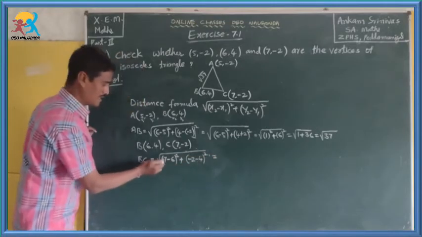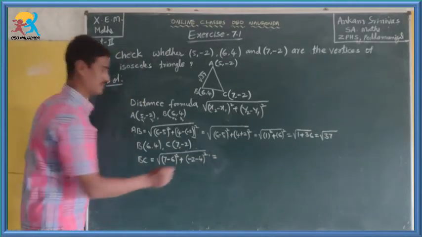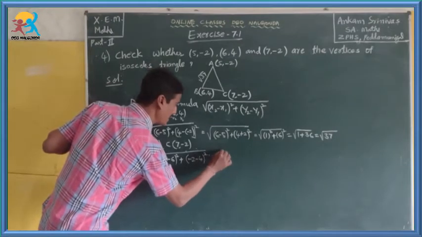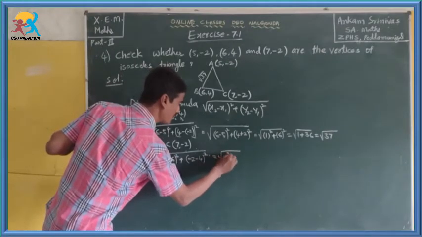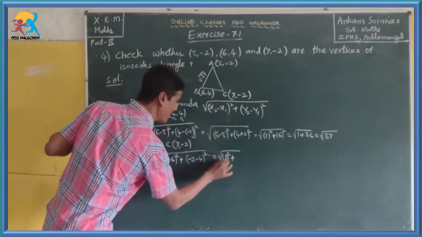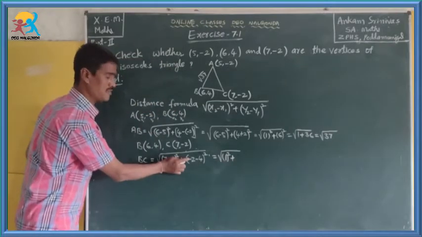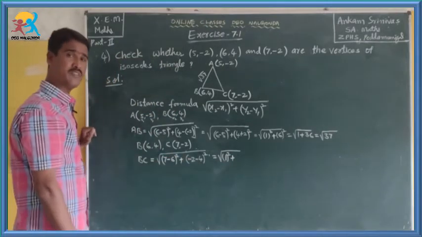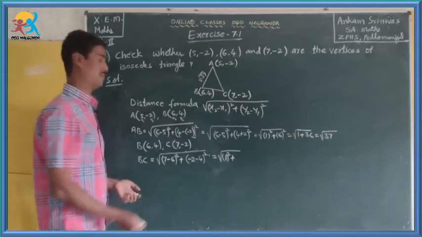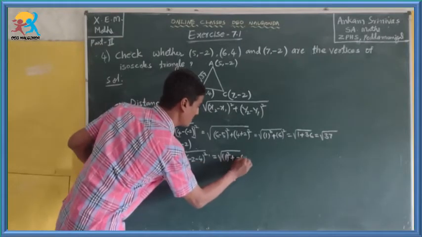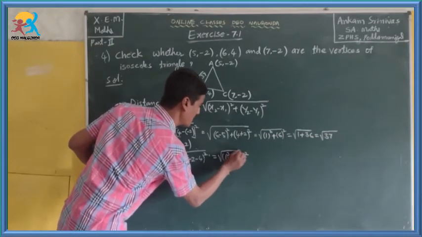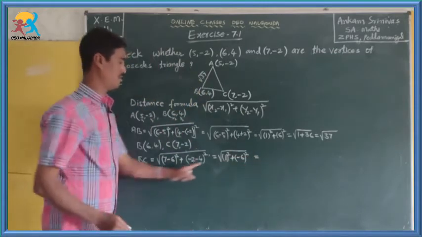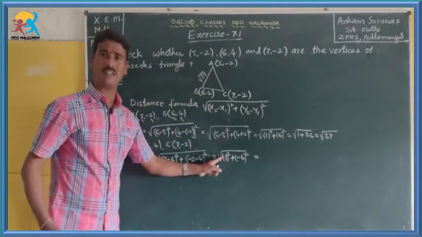And here 7 minus 6 we will get 1, 1 square, plus minus 2 minus 4. The sum of two negative numbers becomes a negative number, minus 6 whole square. So we will get here 1 square, 1 into 1, 1.